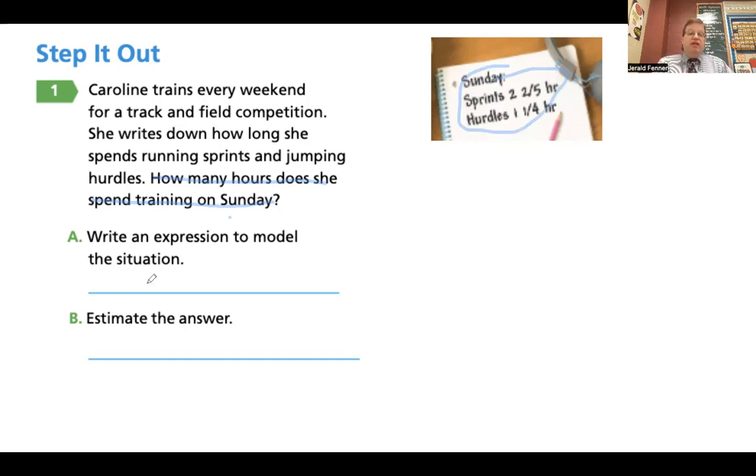So they want you to write the expression. And so the written expression would be 2 2/5 plus 1 1/4.